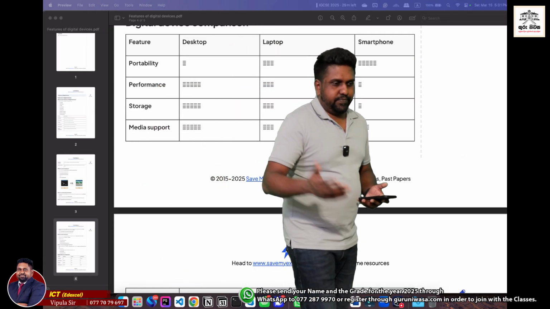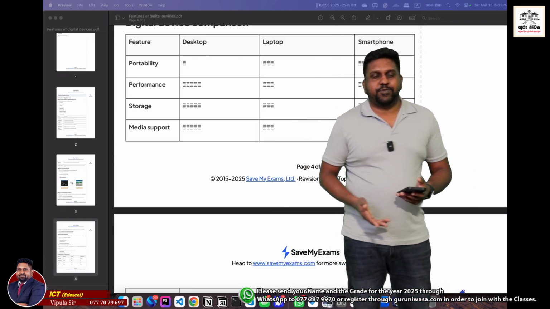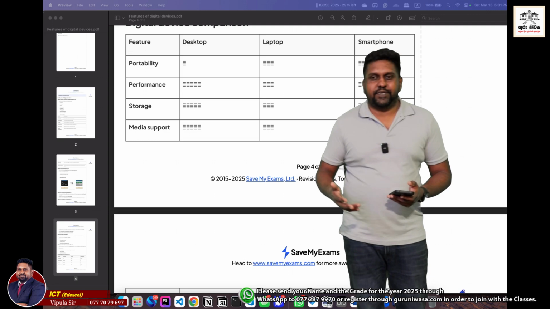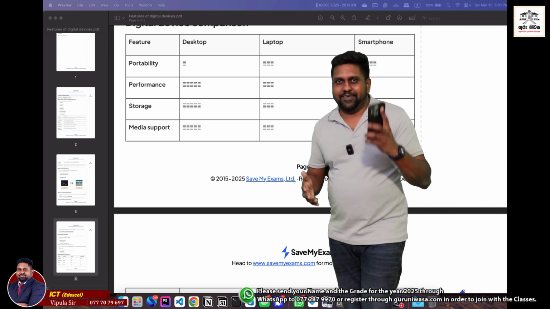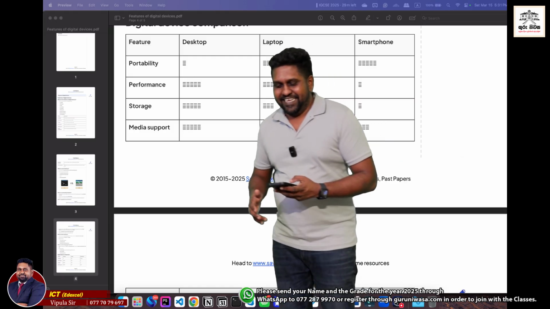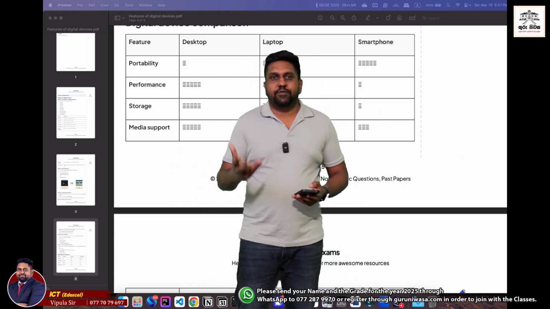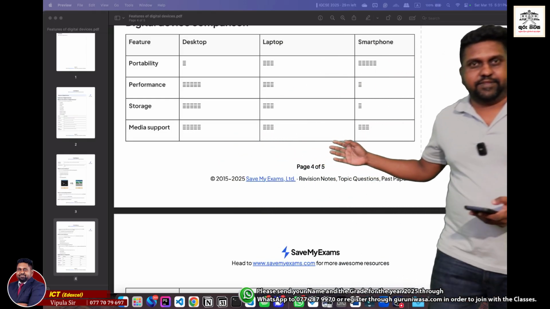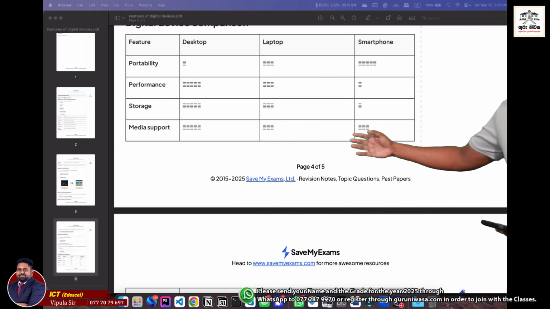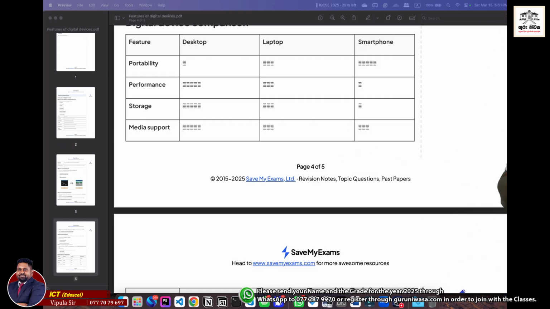As you know, all these TikTok videos, Instagram reels and YouTube shorts, about 90% of them are edited on smartphones themselves, right? So that means smartphones have the power to perform those types of activities. That's why in this comparison, laptops and smartphones are both in the same range. I hope that idea is clear.